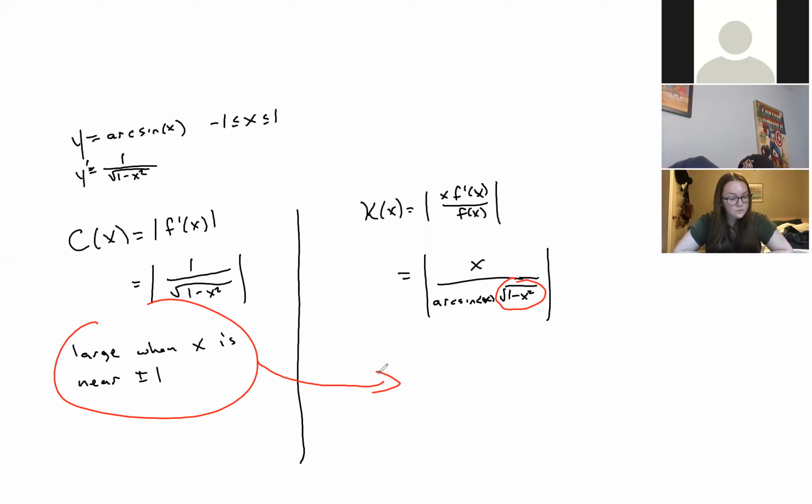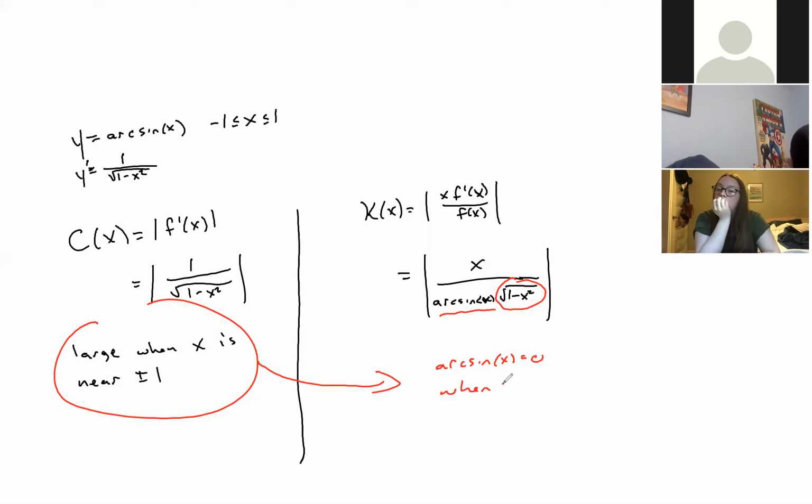The thing that some people didn't talk about that I would have liked to see is there's something else that could give you a 0 in the denominator. When is arc sine of x equal to 0? At 0.